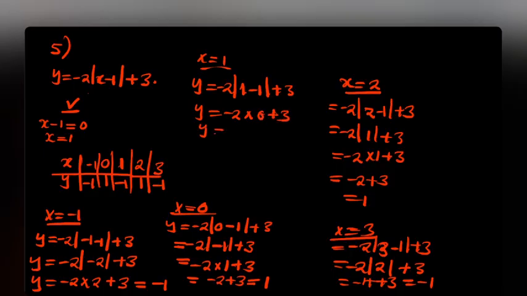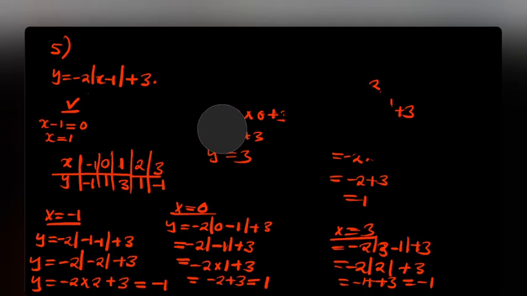So I have y, which is negative 2 times 0. That will be 0 plus 3. So the value of y becomes a 3. That is when x is equal to 1, not negative 1. So here we have a 3. So that's what we have. So our vertex will be at 1, 3.